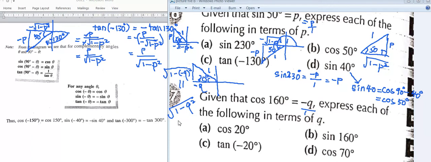Now, if you want tangent or cosine of this, then it will be this quadrant. This quadrant is basically the square root of 1 minus Q squared, and then this one is Q.